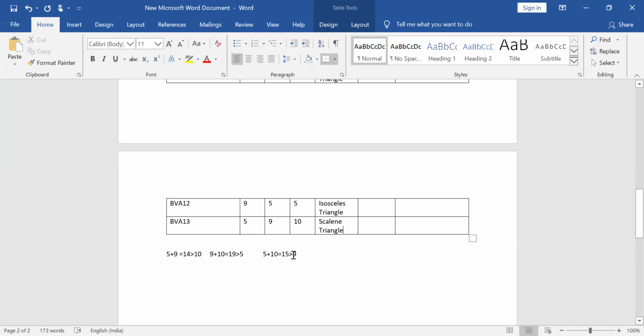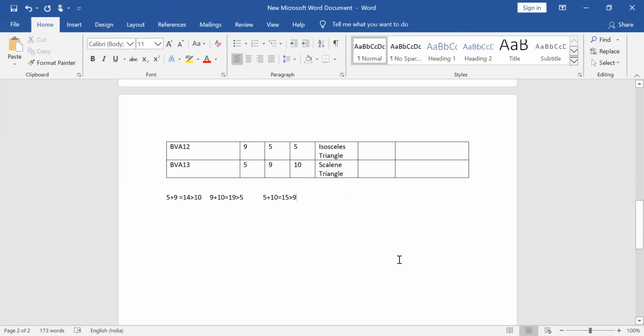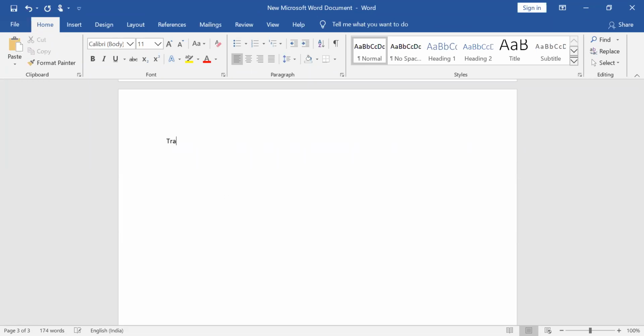Now, I'll take a new page and design the same triangle problem with respect to the robust boundary value analysis technique. Whenever robustness comes, it deals with invalid inputs also.